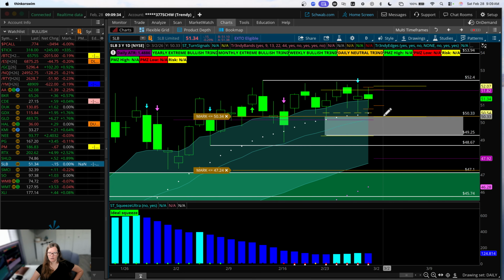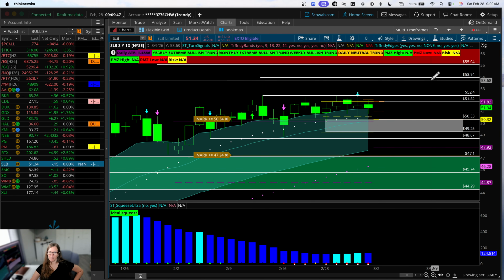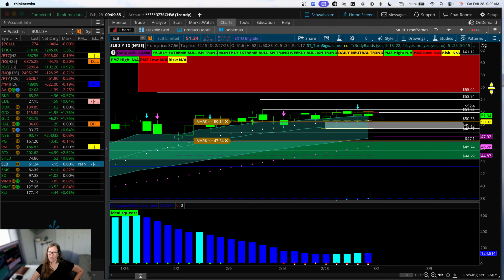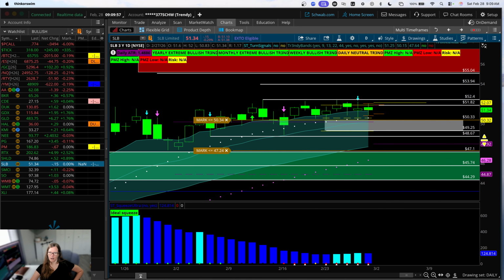That's going to give you a buy zone here at 50.33 by 49.25, and then you're wanting to cover at 51.82 to 52.40. Price above 52.40, I'm looking to trim right about 53.94, and then I'm targeting 55 by 61 on Schlumberger.